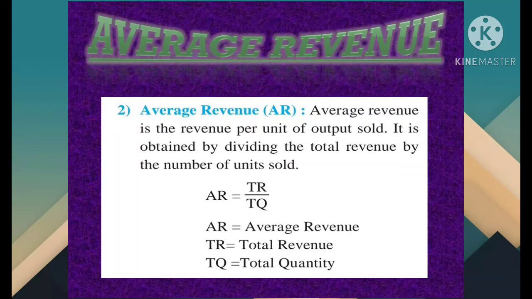Formula: AR equals TR upon TQ, where AR stands for average revenue, TR stands for total revenue, and TQ stands for total quantity.